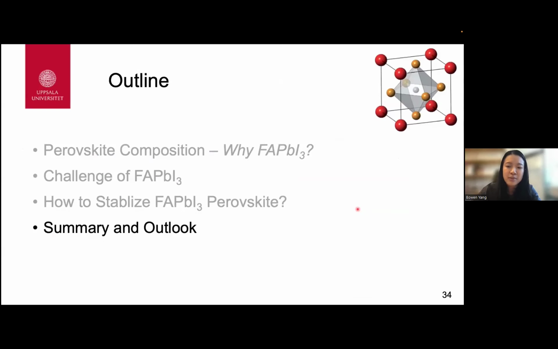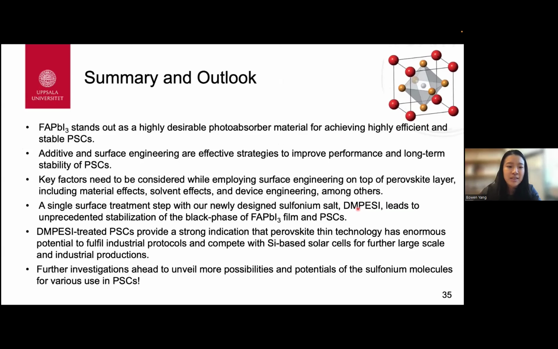So with this, I would like to summarize my talk. As mentioned, formamidinium lead iodide stands as a highly desirable photoabsorber material for achieving highly efficient and stable perovskite solar cells. And we noticed that additive and interface engineering are effective strategies to improve performance and long-term stability of the devices.